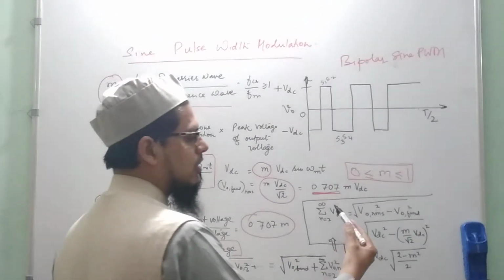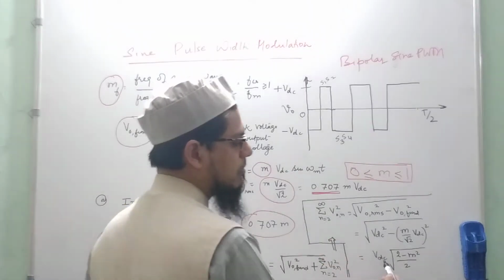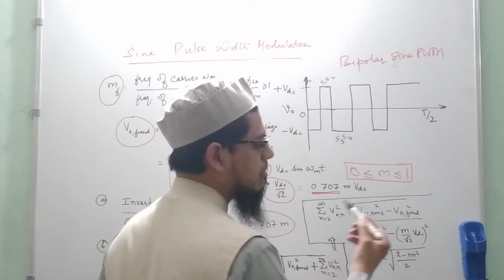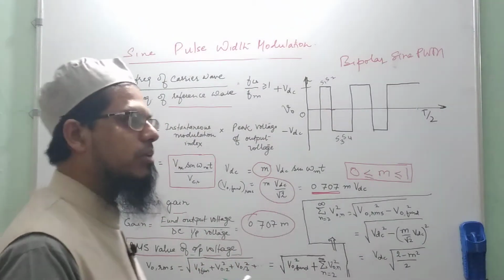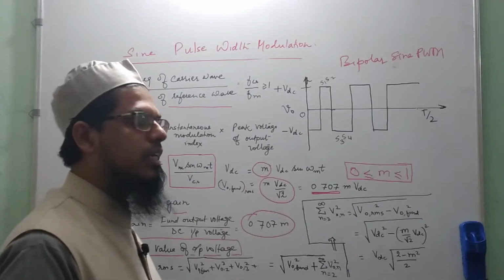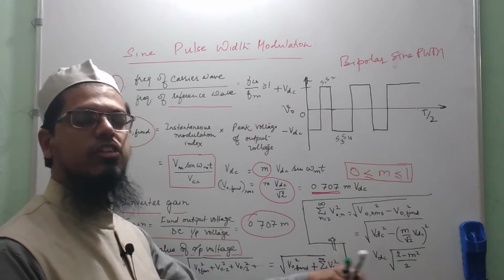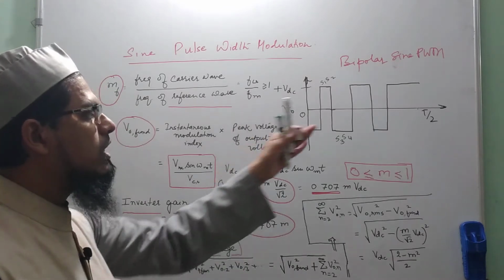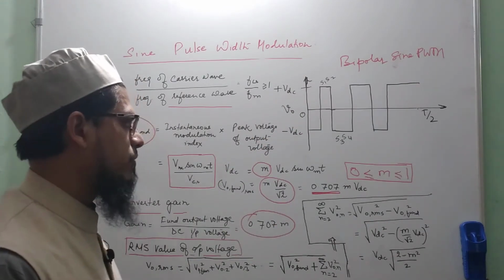That will come out to be VDC times 2 minus M square by 2. This is a quite reduced expression, and this would be helpful in finding out the THD and the distortion factor, harmonic factor for the output voltage waveform in case of sine PWM scheme.